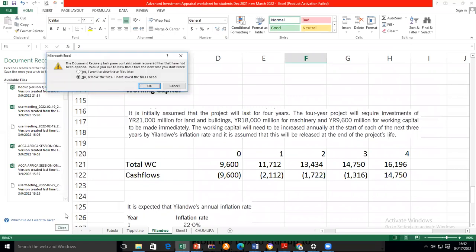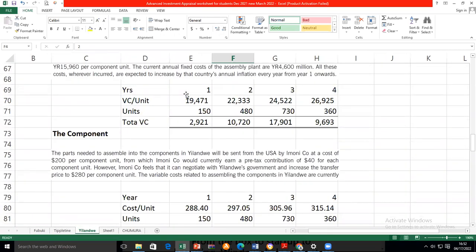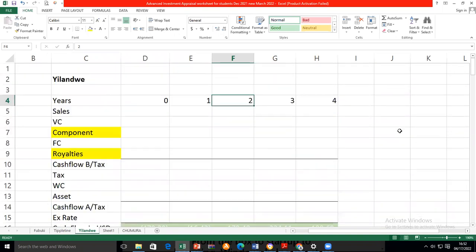As usual, I have prepared a worksheet here. Year 1 to 4: the sales, the variable cost, the component, the fixed cost, the royalties, the cash flow before tax. I've decided to keep tax in a working. Then there's working capital, then there's asset, and cash flow after tax.